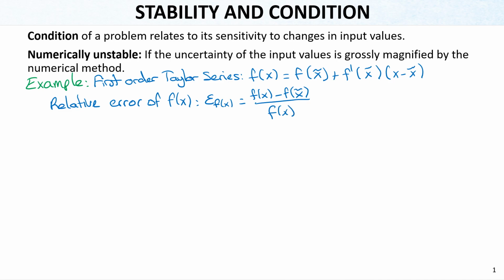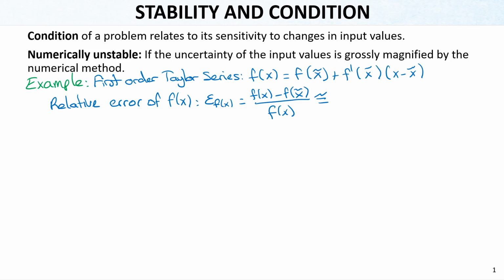And based on the Taylor series, we can say this is almost equal to this approximation: f(x) minus f(x tilde), or the predicted value, divided by f(x). In other words, we can write it this way for the error. So this f(x) is this value, and minus this one, these are cancelling out, and only this remains actually.